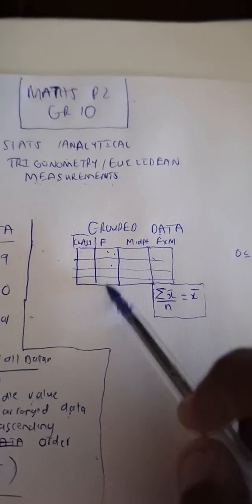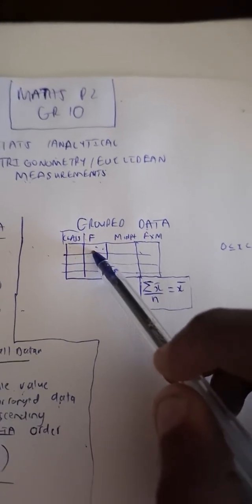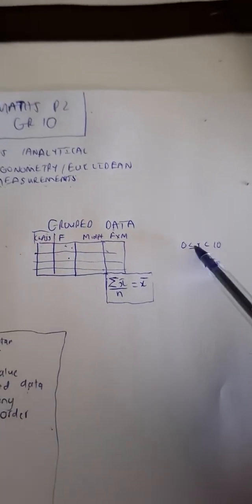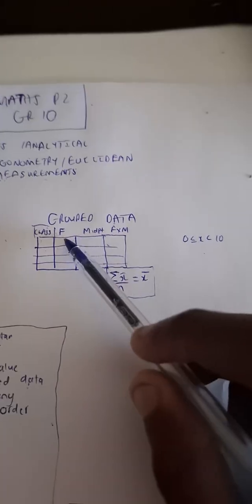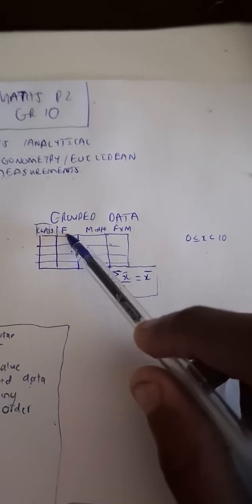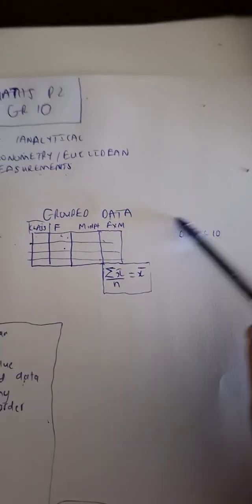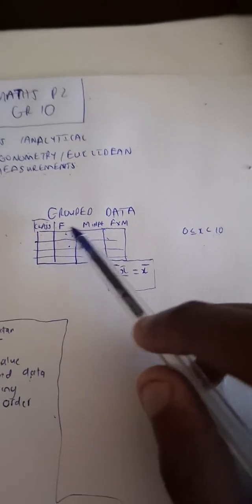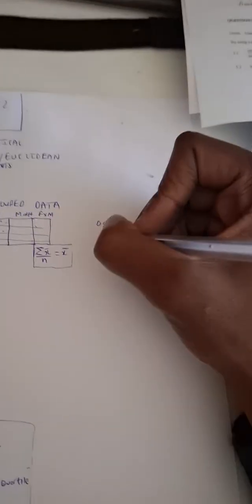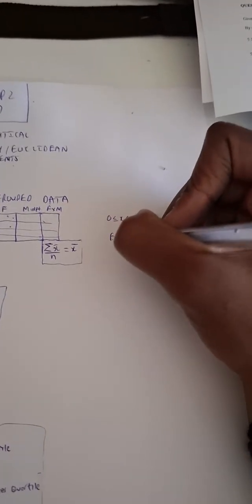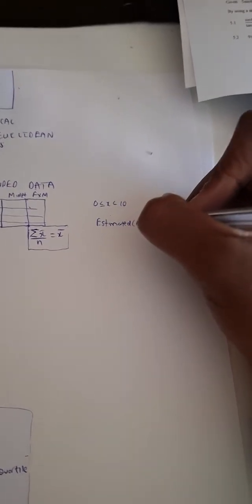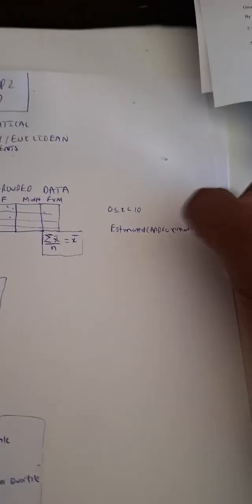Maybe from 0 to 10, they'll be checking a certain aspect in that class interval, and then we list how many values are between 0 and 10. We write how frequent values between 0 and 10 are, and so it goes. And from this, we are able to get estimates or approximations. What type of approximations?